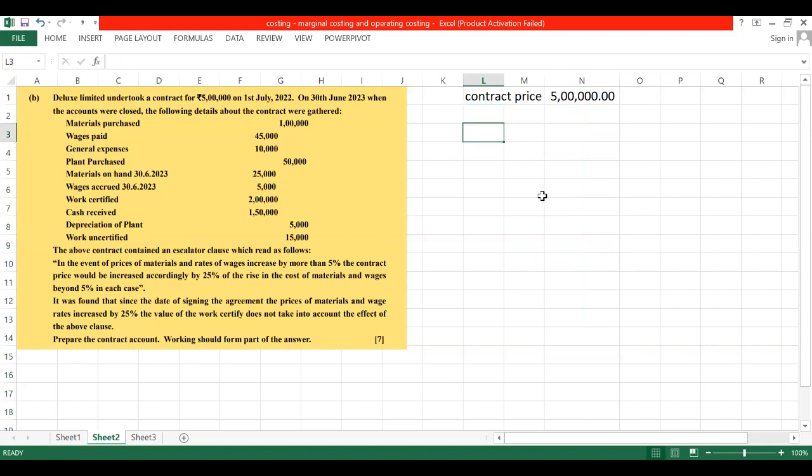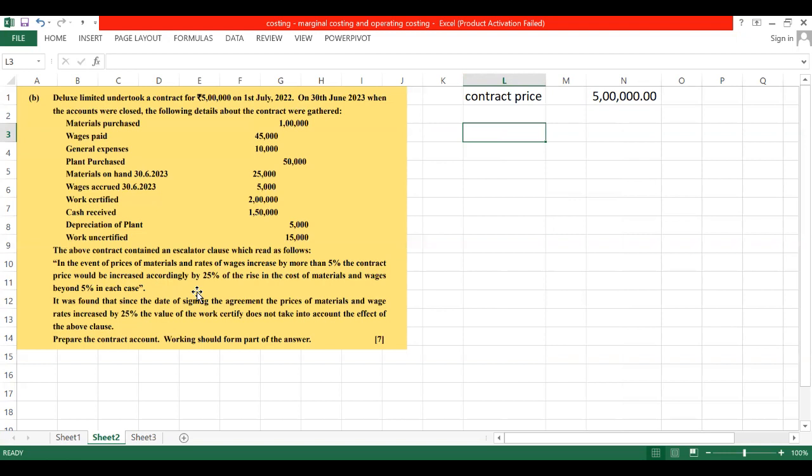In the event the price of material and the rate of wages increase by more than 5%, the contract price would be increased accordingly by 25% of the rise in cost beyond 5%.